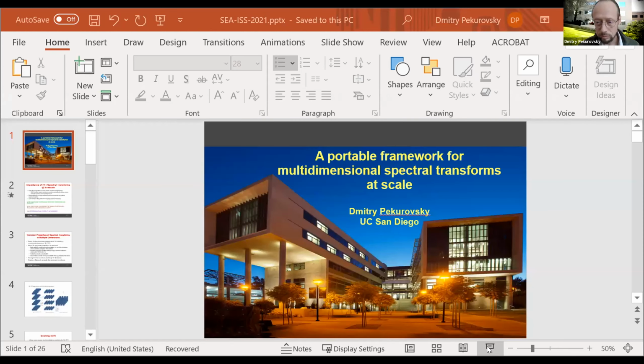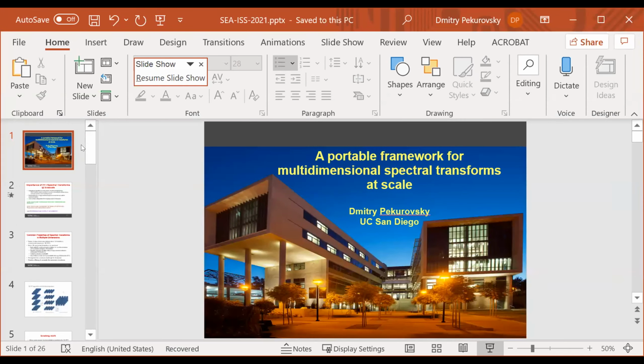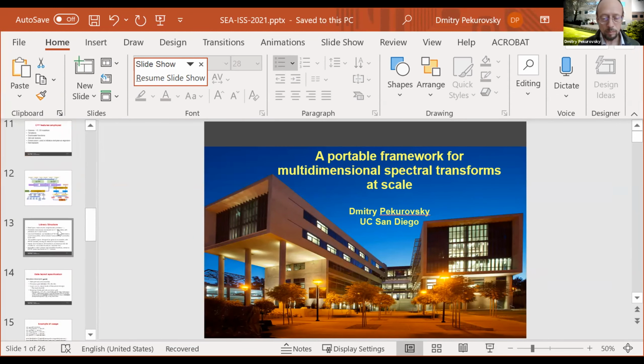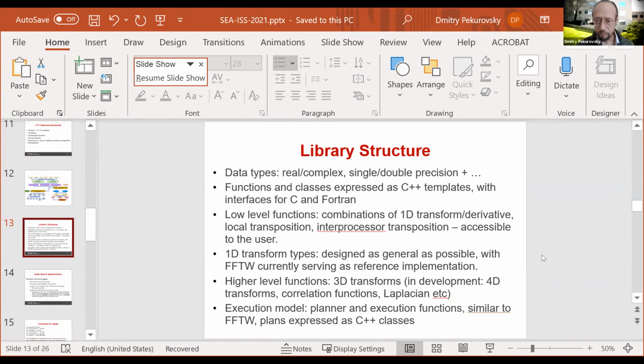So we put the first poll up, but I just don't think there are any responses as of yet. Okay, good enough. So we continue. Can we start sharing the second poll, which asks what features would you like to see in a modern library for spectral transforms?